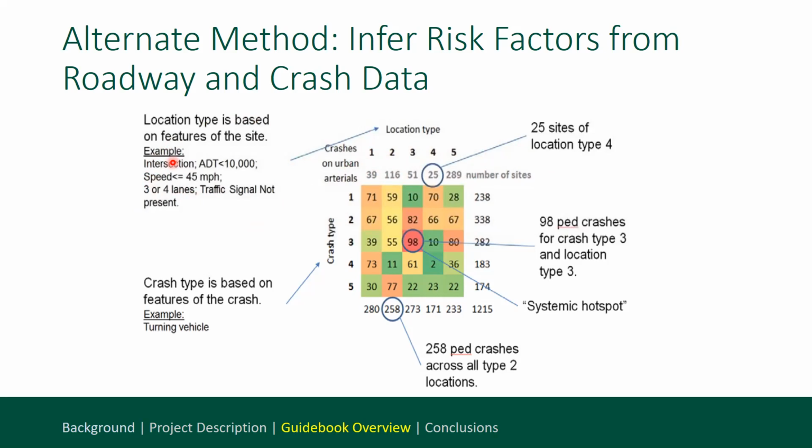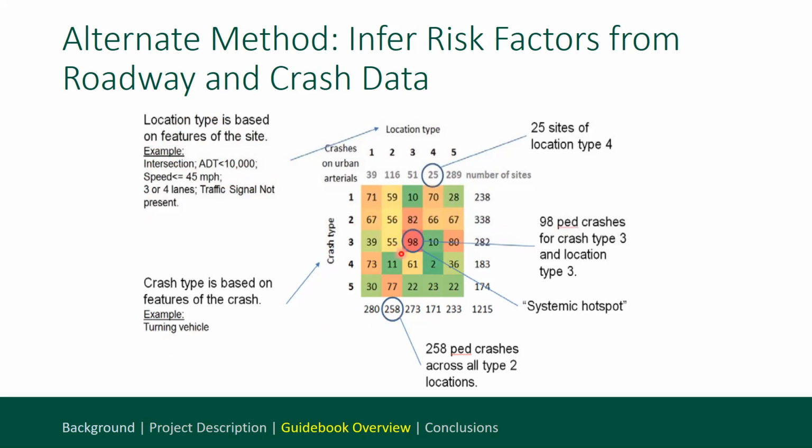So these could be ways of identifying certain types of sites. Crash type could be if it involved a turning vehicle, if it happened at mid-block, if alcohol was involved. So there could be different crash types that you're dealing with.